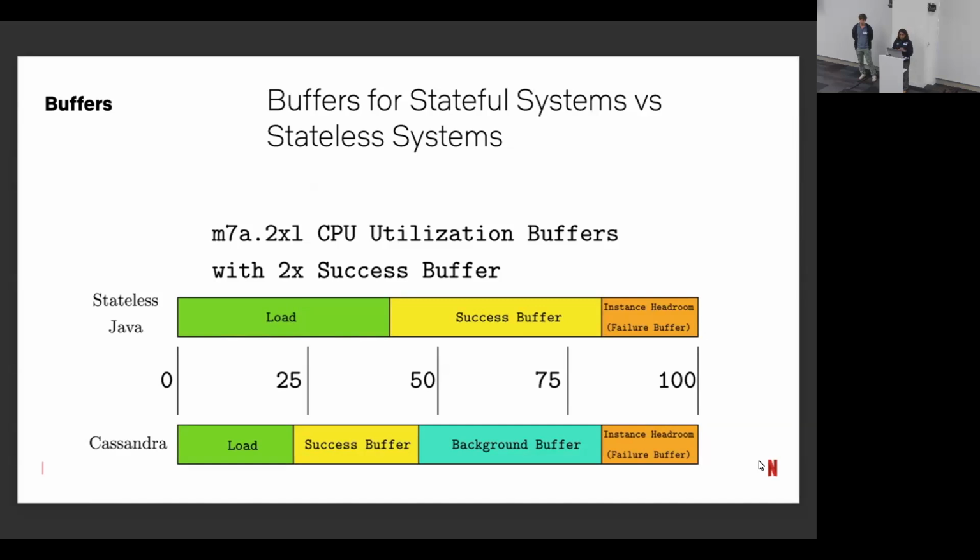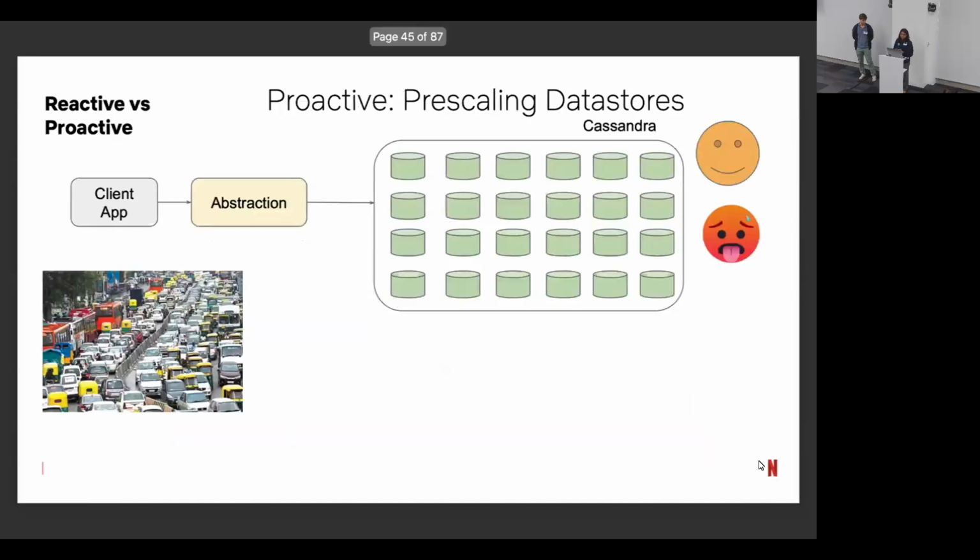There is also an instance headroom that you usually maintain for stateful and stateless systems. That's all great, but what if more traffic comes in, even after the headroom you added, even after you pre-scale the cluster to a number of nodes? You are in a hotspot where the traffic cannot be handled by the cluster and you can't scale fast enough.